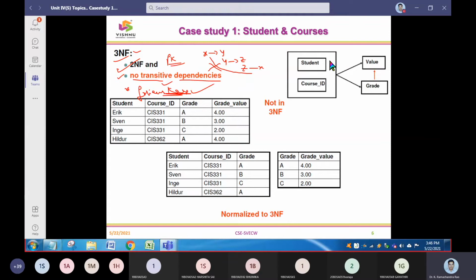Okay, now come to this diagram. We have student and course, they are packed in a box. That means student and course are implicitly related. Fine.